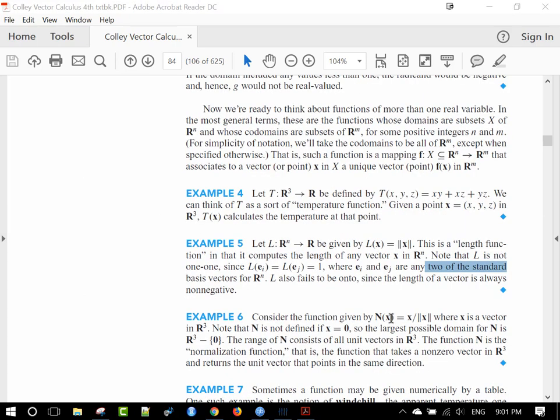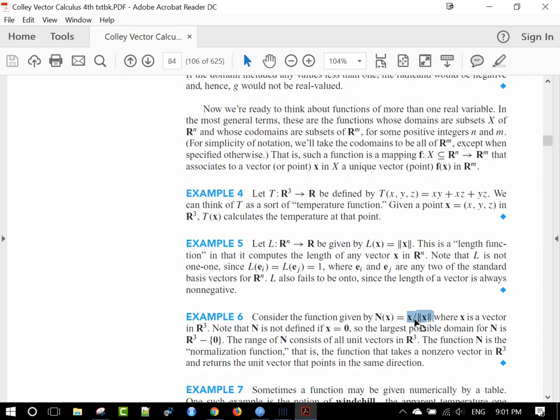Okay, now suppose we have a vector as an input, but notice this is bold, so the output must be a vector, not just a scalar, according to what I said about the notation. Is that true here? Remember, this normalizes, this creates a unit vector.